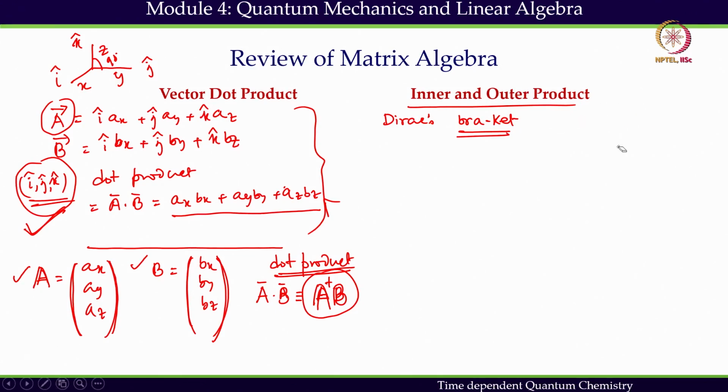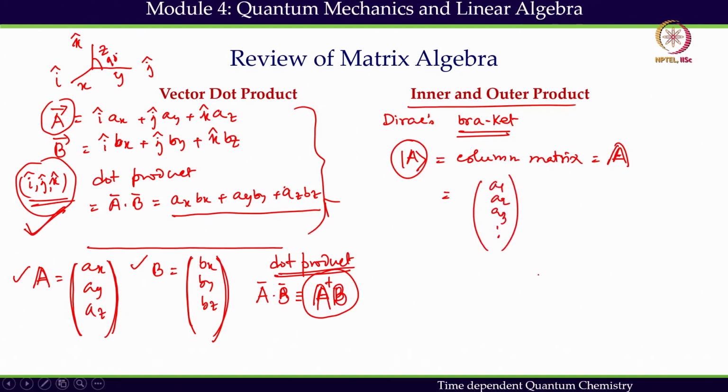In the bracket notation, Dirac notation, this A, the column matrix, is represented by this notation. It is nothing but A1, A2, A3 like this. And the adjoint is represented by this.